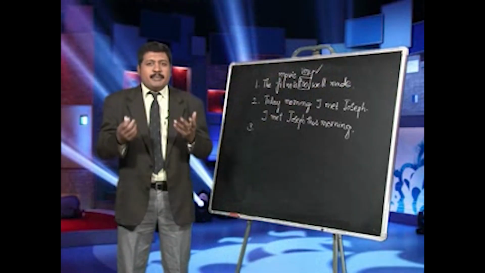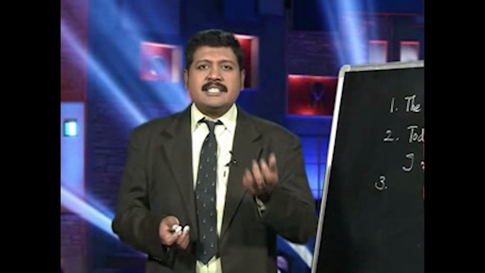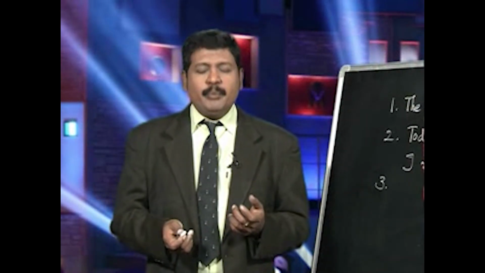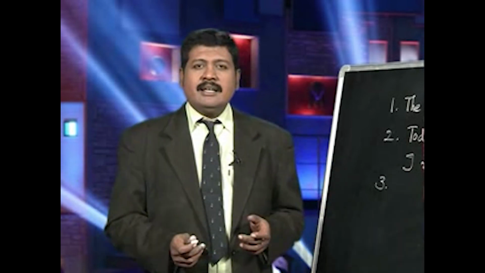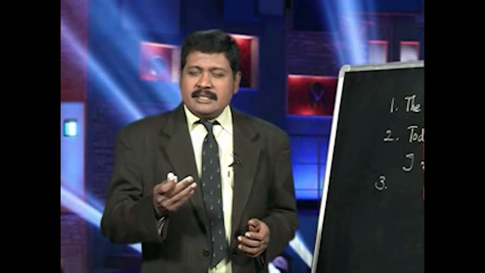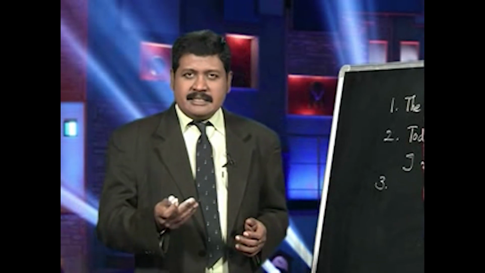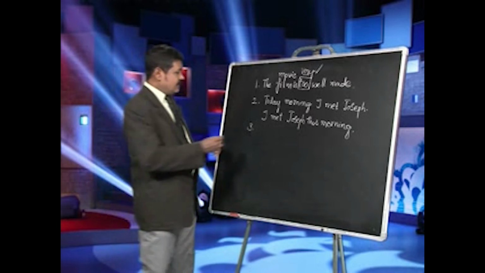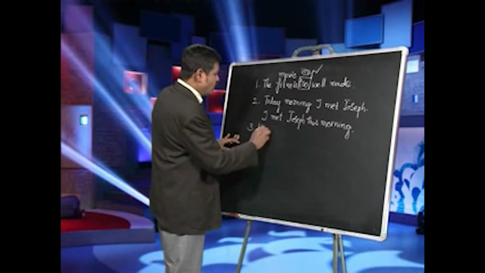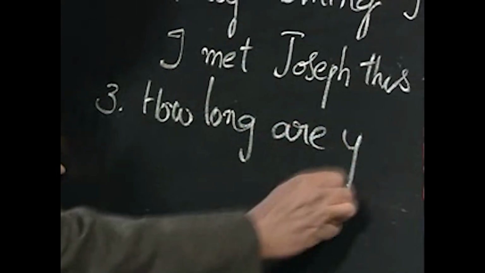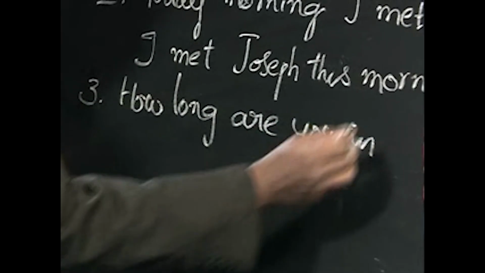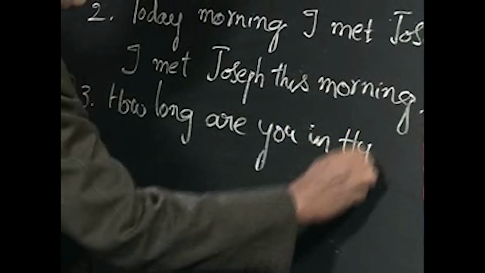To ask a person about living at a particular place, maybe Delhi, Hyderabad, Bangalore, Mumbai, wherever, what would be the right question? Is the right question, "how long are you in Hyderabad?"